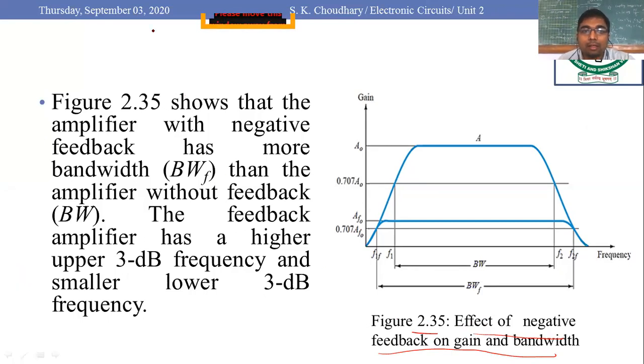You can see here there are two cases I have shown. In the first case, when you have not applied any feedback, this is the graph between gain versus frequency. So on the x-axis there is frequency, on the y-axis there is gain. You can see the gain without feedback A is here, and it is the mid-band range of frequency where your gain is constant.